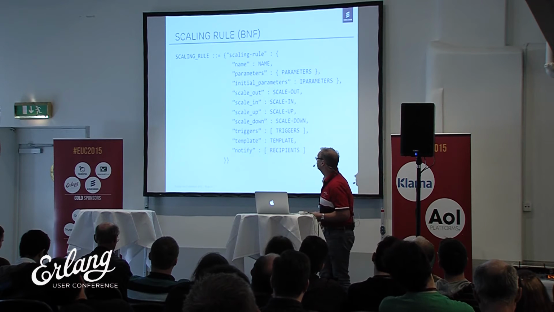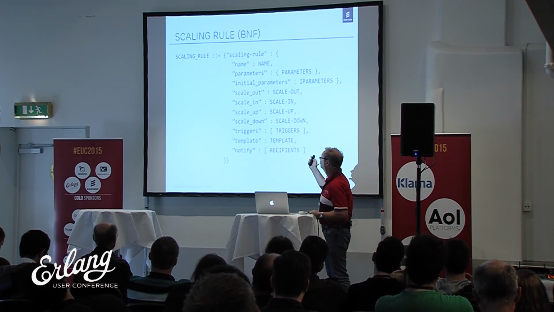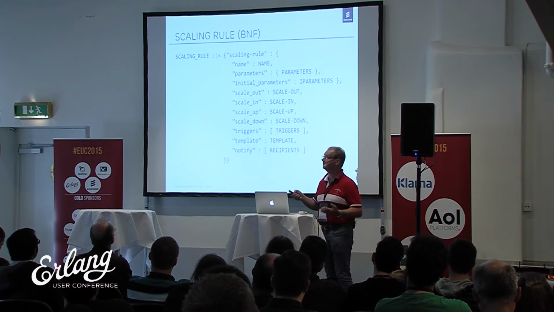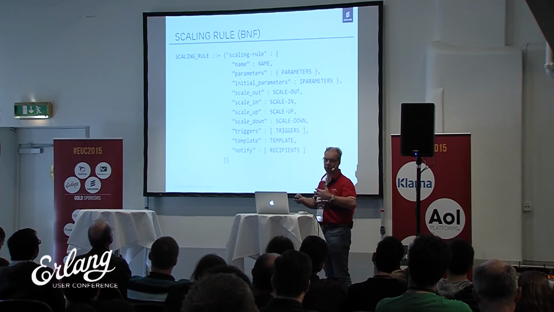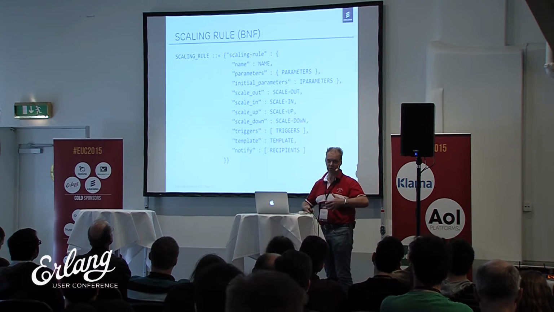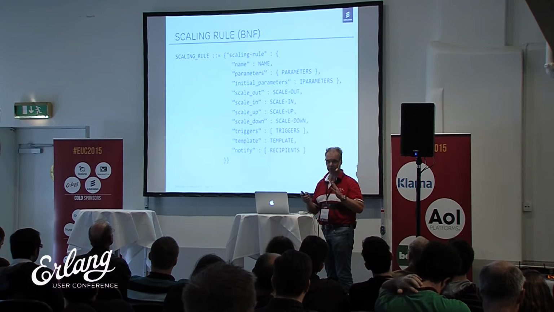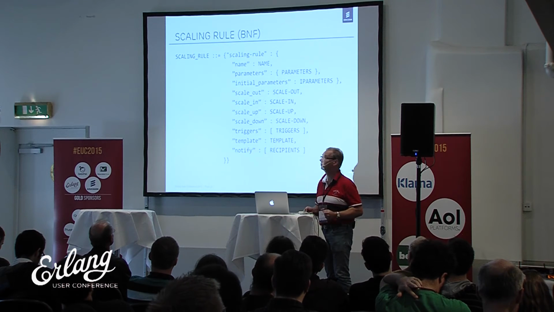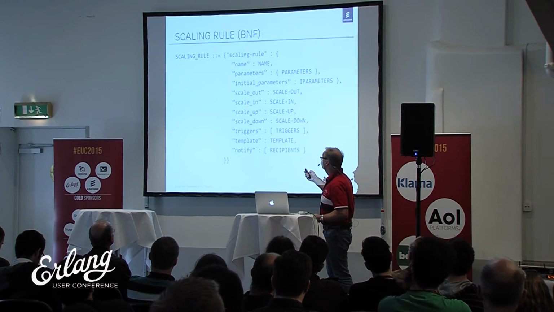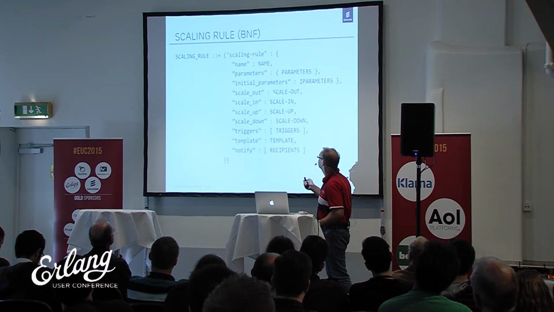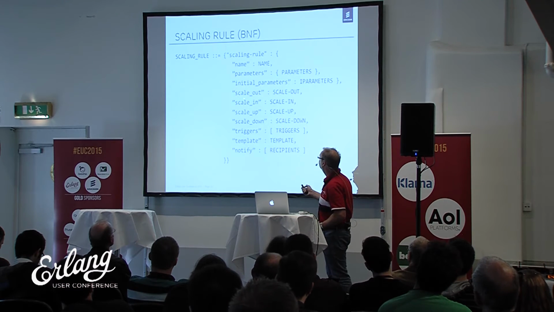So the scaling rule is in JSON. It's fully parameterized again, so you can send initial parameters to the instances that you create. You can say they should have this location and so on. You can specify that this is horizontal scaling, this is vertical scaling.